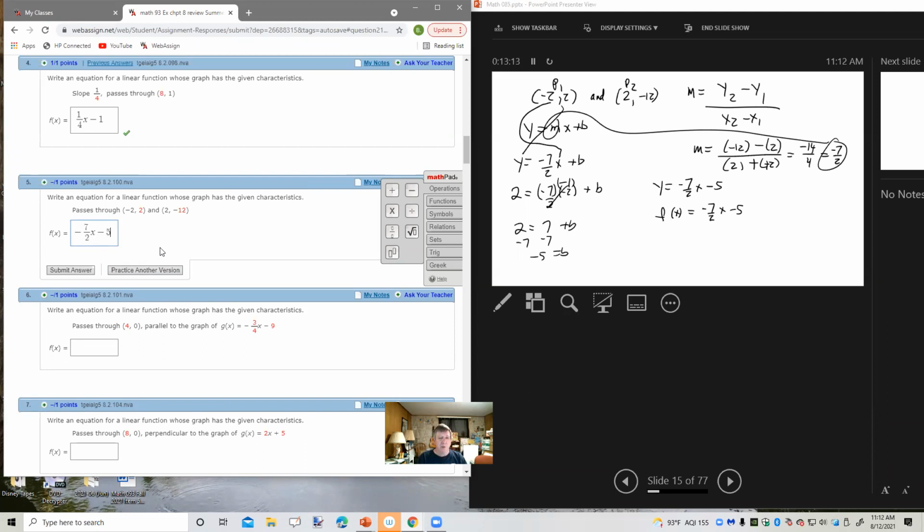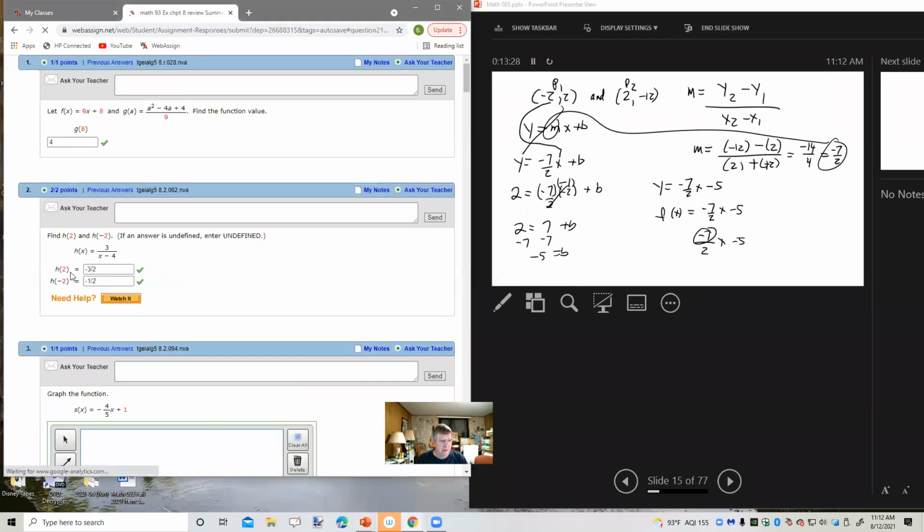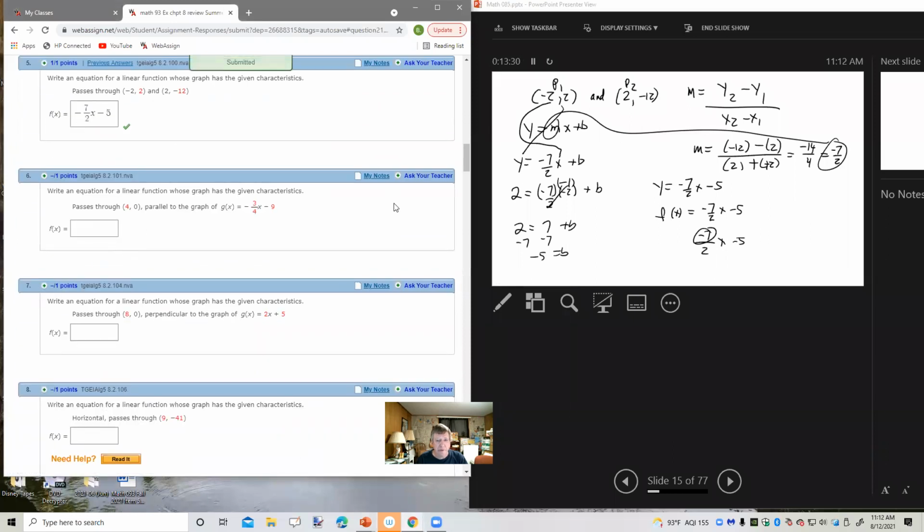And again, I could have also written it as -7 halves x minus 5, since I can put the negative sign in the numerator or out front. Let's see here. That's correct. And it is. All right. Well, if there are no questions, we'll just continue on.